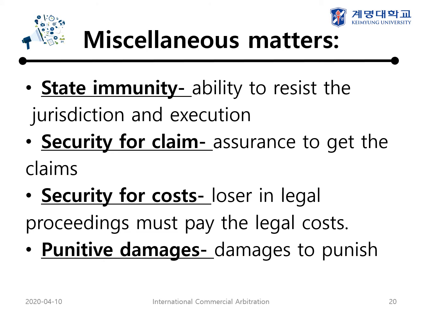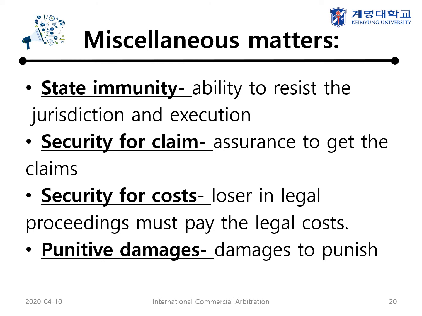Normally, state immunity is applicable to diplomats, soldiers, prime ministers, and ambassadors. They are the higher ranking officials of the state, so those are the people who normally have that kind of state immunity. The second one is the security for claim.